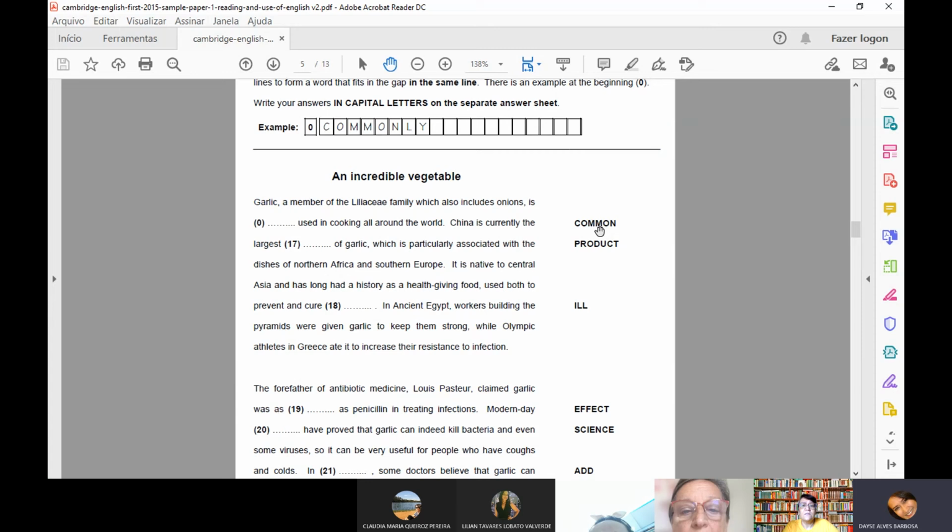You see here, this word common was transformed into an adverb, because when you read the beginning, garlic, a member of the lily family, which also includes onions, is used in cooking. So you see here you have a verb in the passive form, and you have to use the word common in a way that can be connected to it.